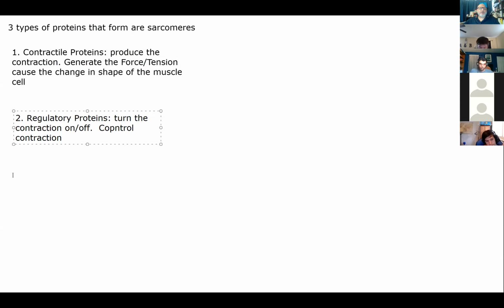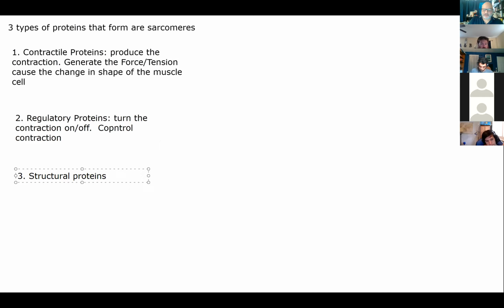And remember, to make this contraction as efficient as possible, I need that tremendous precision. I need that tremendous organization, right? And that allows the efficiency. So my third type of proteins are the structural proteins.